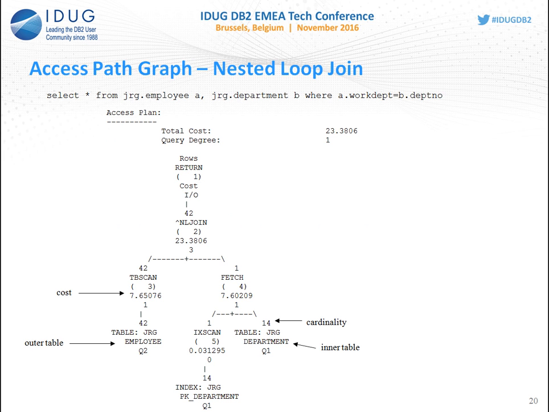And each node has the cardinality of that node, how many rows are being passed up, what kind of operation, such as a table scan, a fetch, a nested loop join, the estimated cost. And we can see here in the join, the one on the left for the nested loop join is the outer table, that's the employee table, and there are 42 rows in the table. The department table has 14 rows.